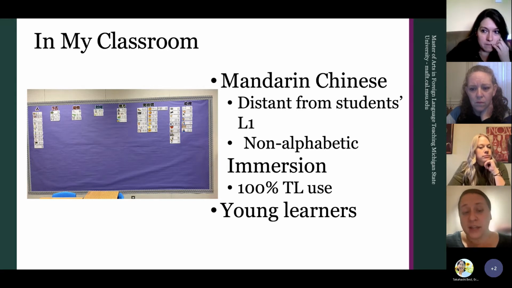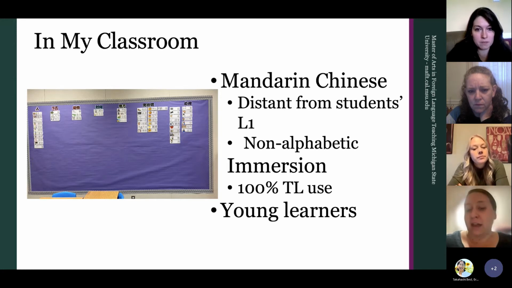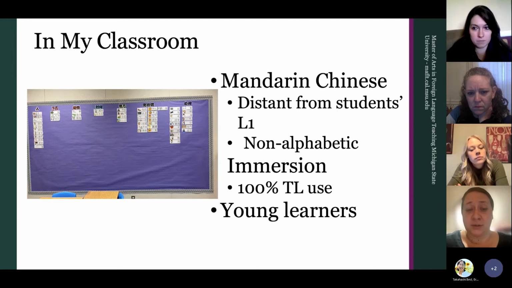So that means I never give a translation for a vocabulary item. It's all very visual and multisensory and based on what we encounter in our readers. And I never send home a vocabulary list of words with their English translations, because it's all in the target language.